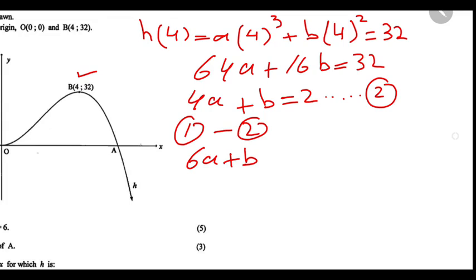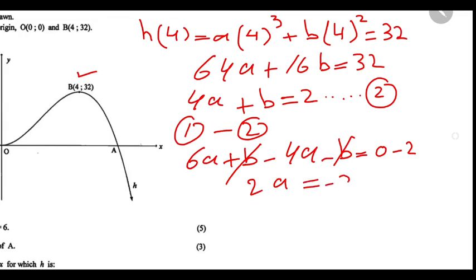So 6a plus b from the first, minus 4a plus b from the second: b minus b cancels, and on the other side the constant is 0 minus 2. So 2a is equal to negative 2, and a becomes negative 1 after dividing both sides by 2.